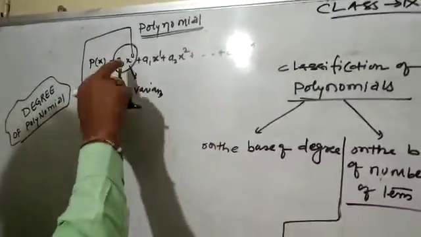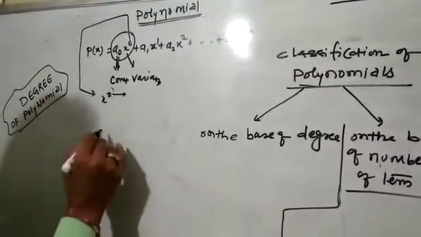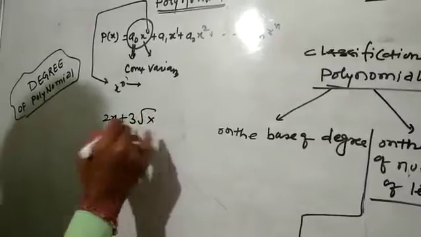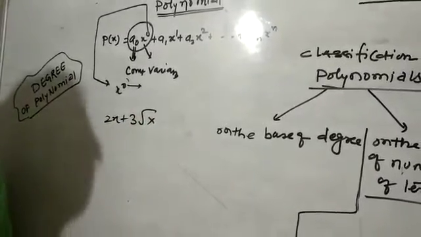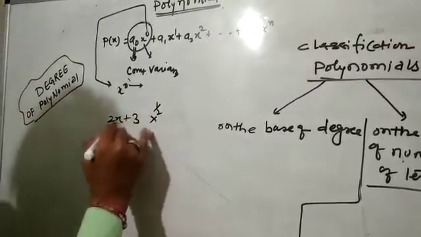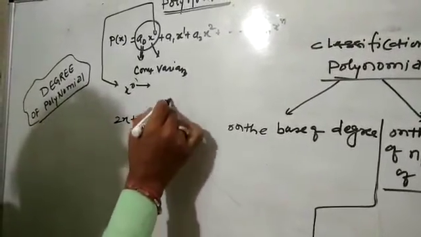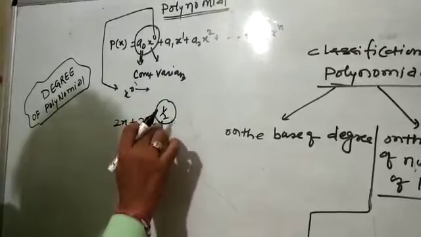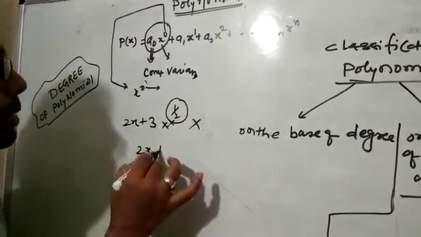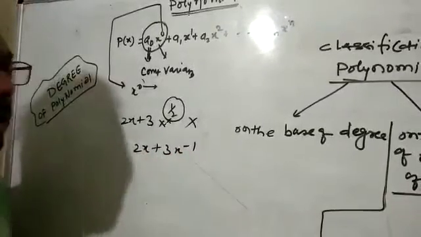The power of x should not be negative. Suppose we take the example 2x plus 3 root x. Is this a polynomial? What is the power of x? It is 1 by 2, since root means 1 by 2. The power is a fraction, so this is not a polynomial. And if it is 2x plus 3 x to the power minus 1, is this a polynomial?